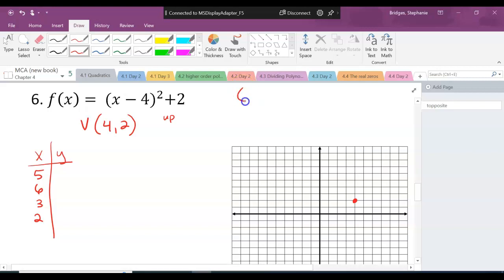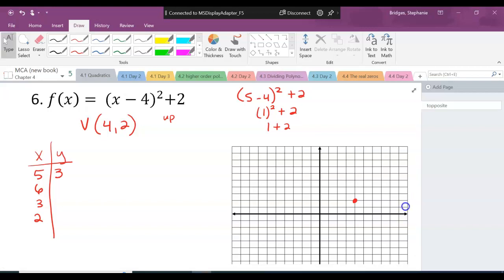So I'm going to plug in 5 first. Inside the parentheses, 5 minus 4 is 1. 1 squared is 1, and 1 plus 2 is 3. Does everybody agree with that? Yes? Okay.